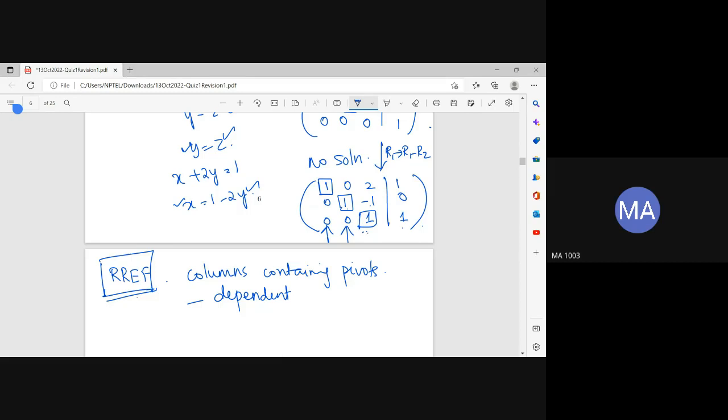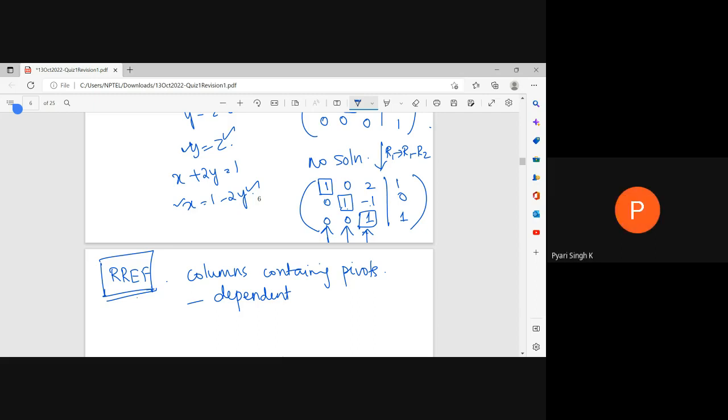In that case, is x3 dependent or independent? You have a pivot, no? So it is dependent. Are you allowed to choose any value for x3? No, the only value that we have is 1. It's fixed.